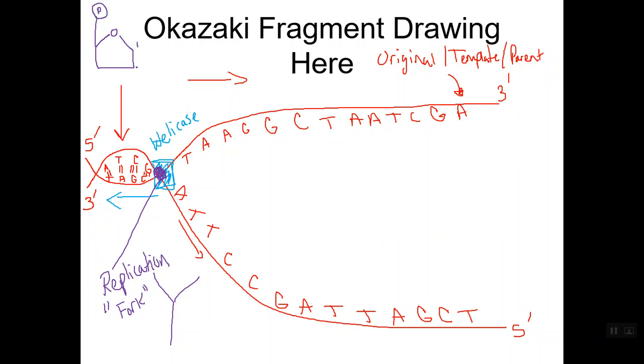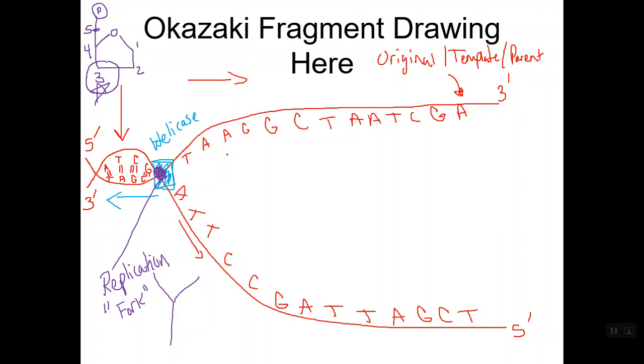We had carbon 1, carbon 2, carbon 3, carbon 4, and then carbon 5 was right there. When you add bases together and you build that complementary strand, DNA polymerase can only attach new nucleotides to the 3' side. Only to the 3' side.